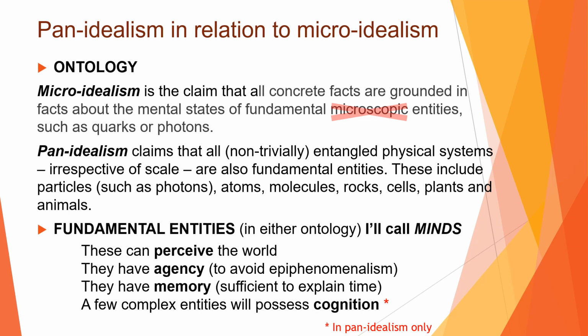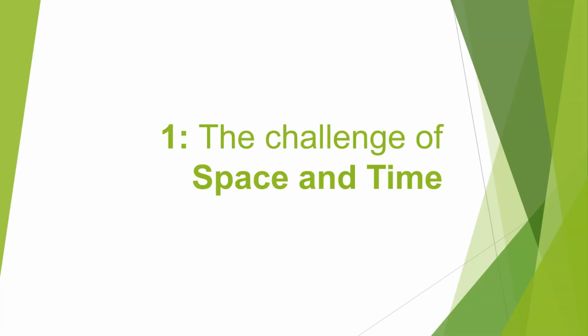This last applies to Pan-Idealism alone, because in strict Micro-Idealism, complex entities aren't fundamental. The following sections show how Pan-Idealism can meet each of David Chalmers' 4 challenges in turn.